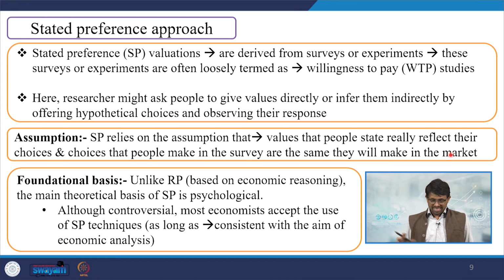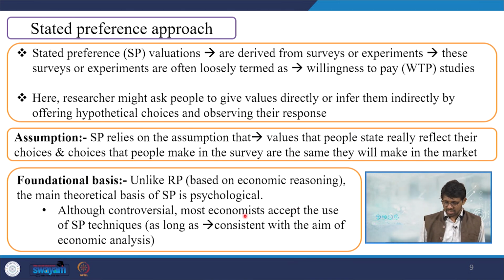The foundational basis for this approach to be validated, unlike revealed preference that is based on economic reasoning or estimations and preliminary observation, is that the main theoretical basis of stated preference is largely psychological. Although controversial in nature, most economists accept the use of stated preference techniques as long as they are consistent with the aim of the economic analysis.